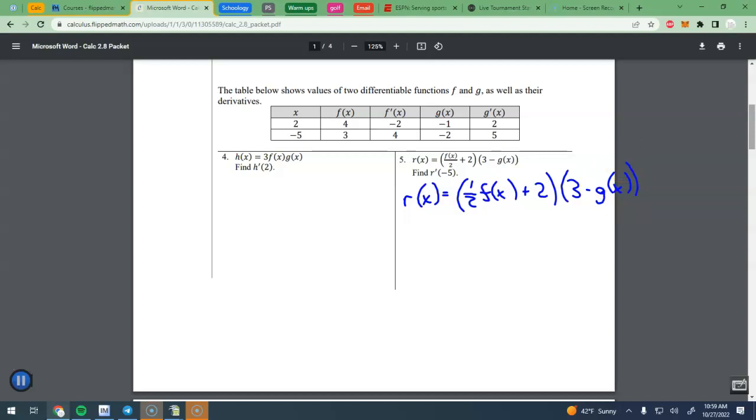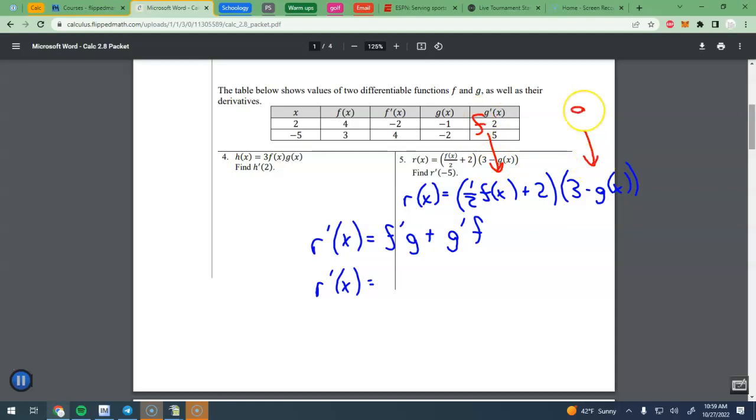So then r prime. I'm calling that f and that g. So f prime is the derivative of this piece right here. This is just like if I had 1/2 in front of a cosine.